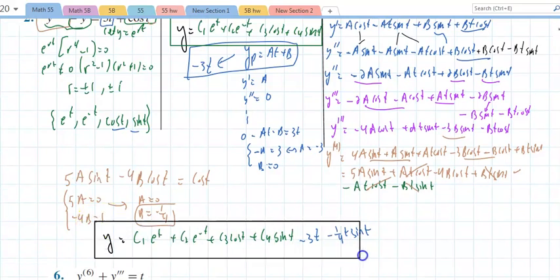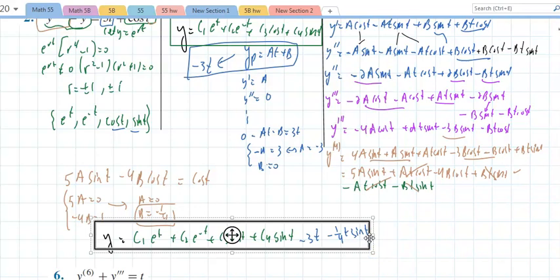If they gave me initial conditions, I could find C1, C2, and so on and so forth.